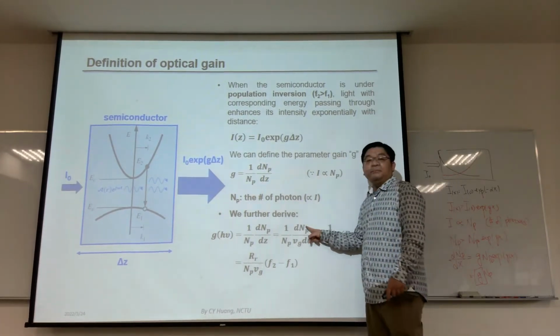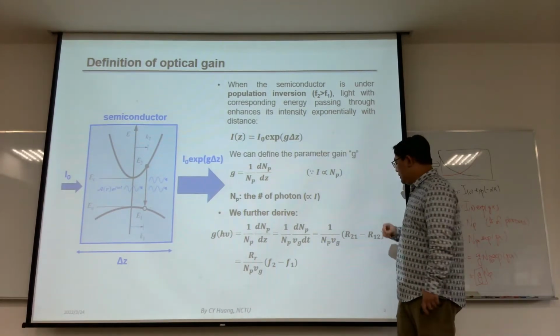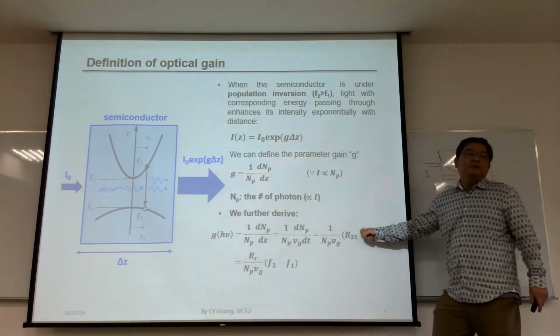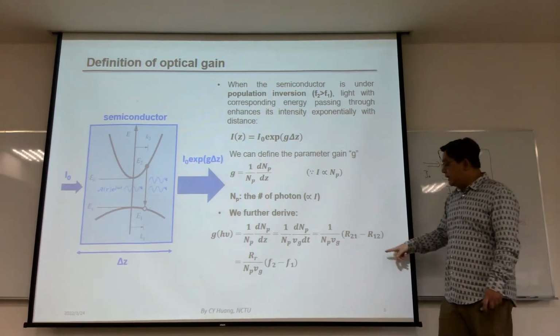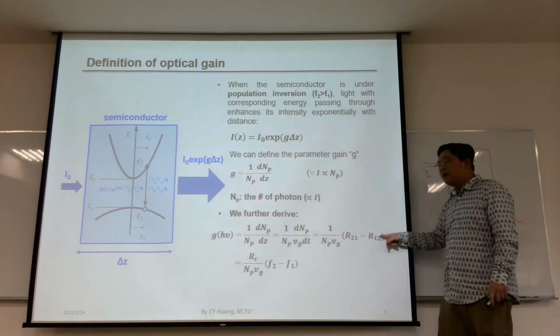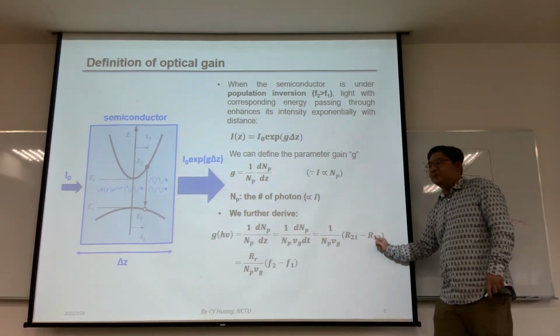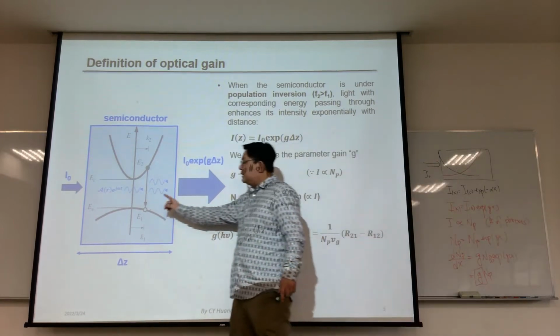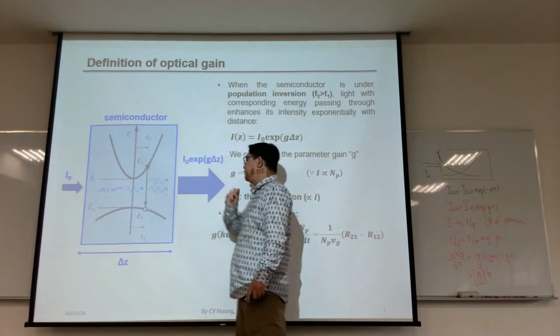And what is dN_P over dt at a specific position? It will be the net recombination rate at that position, so that will be R21 minus R12. R12 is the photon being absorbed by the material, from the valence band to the conduction band.